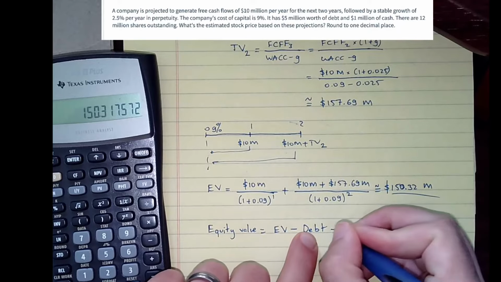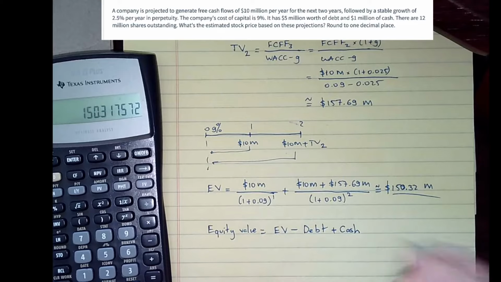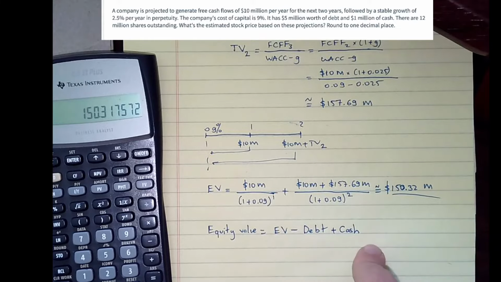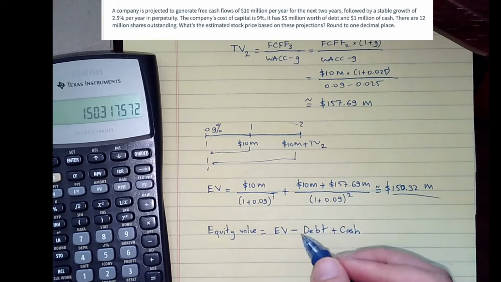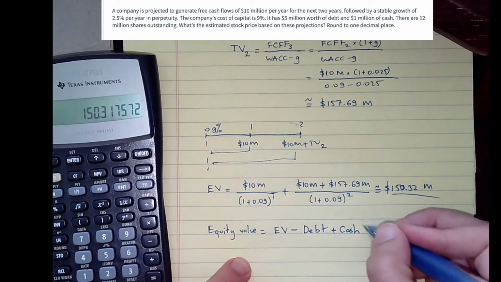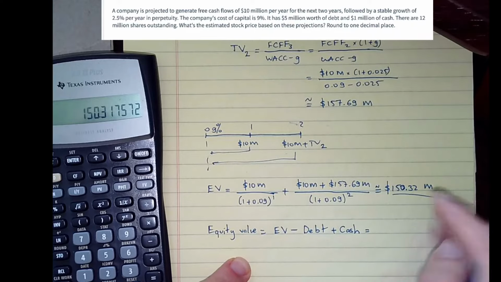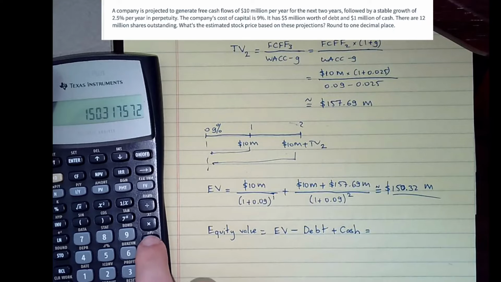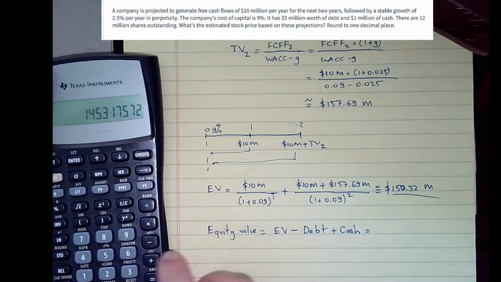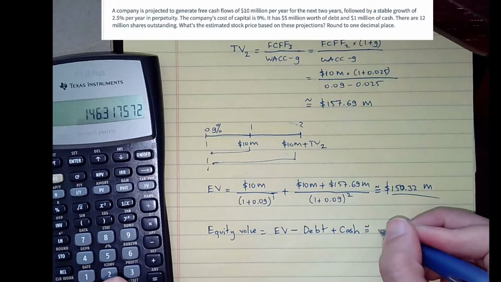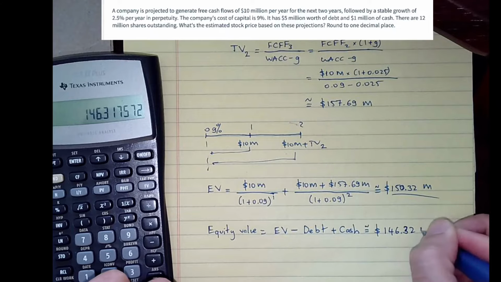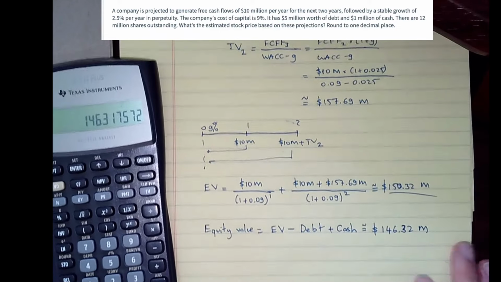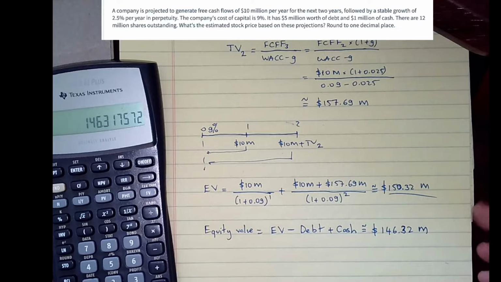So minus debt plus cash, because enterprise value captures just the operations, but cash has value as well. Or we can think of this as subtracting just the net debt, debt minus cash. And that is 150.32 minus debt, given to us as 5 million, minus 5 plus 1, gives us 146.32 million as the value of equity, the total value of all the shares owned by the stockholders.